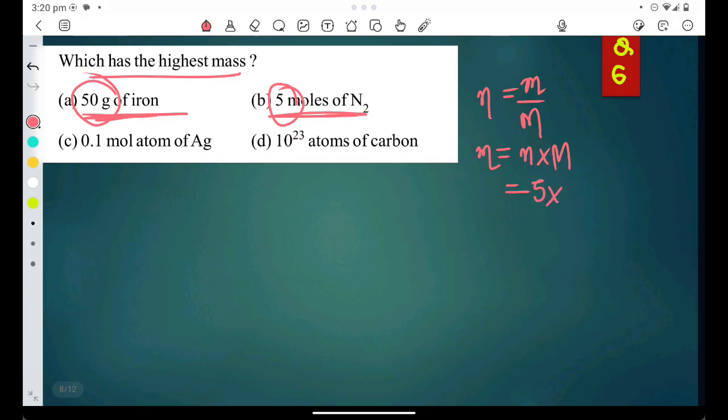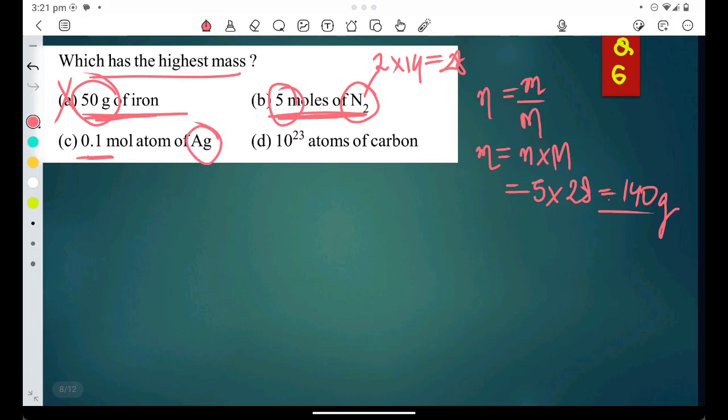So 5 times molar mass of N2, it is 2 times the atomic mass of nitrogen, that is 14, so it is going to be 28. 5 times 28, that is 140. So this weighs 140 gram, so this is not going to be the answer. Now 0.1 mole atom of silver, Ag. Now if you remember silver's atomic mass, silver has an atomic mass of 108.